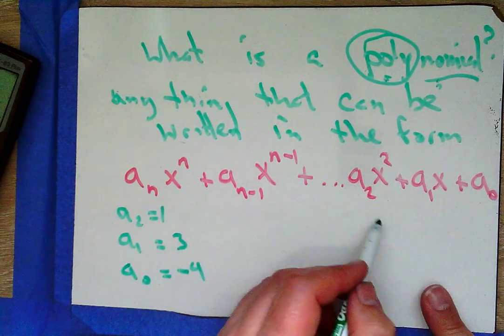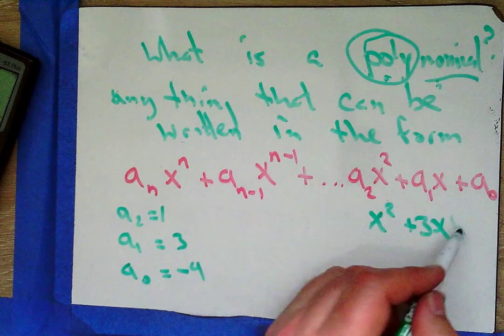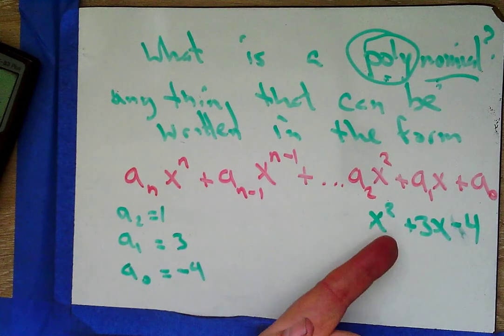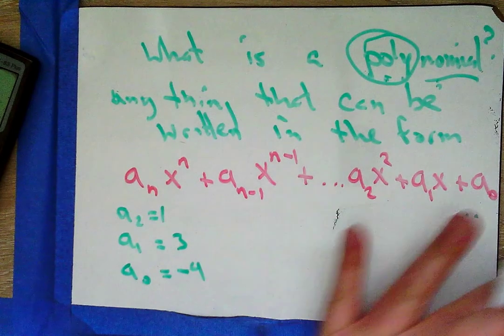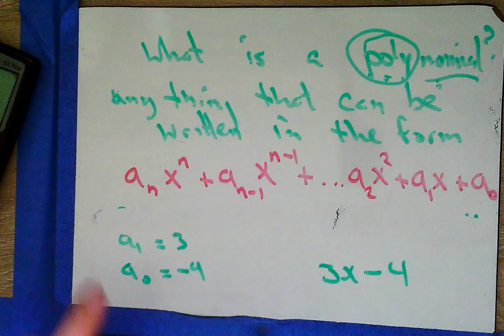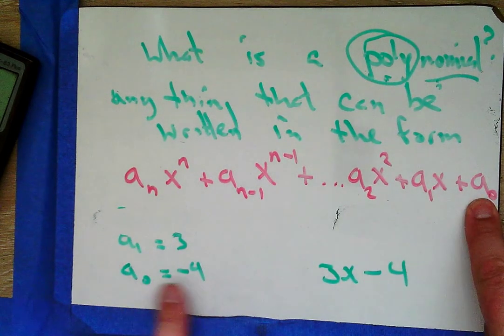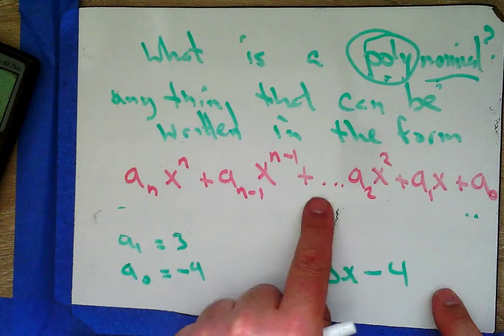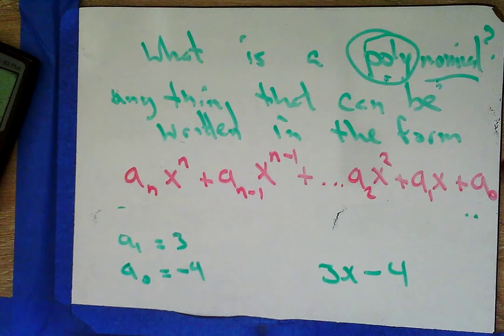Then I would have x squared plus 3x minus 4. Hey, we saw that polynomial. And then, what if I wanted to make this polynomial 3x minus 4? Well, we'd have a sub 1 being 3, and we'd have a sub 0 being negative 4, and we'd make all the other a subs into 0, and we'd be left with these.